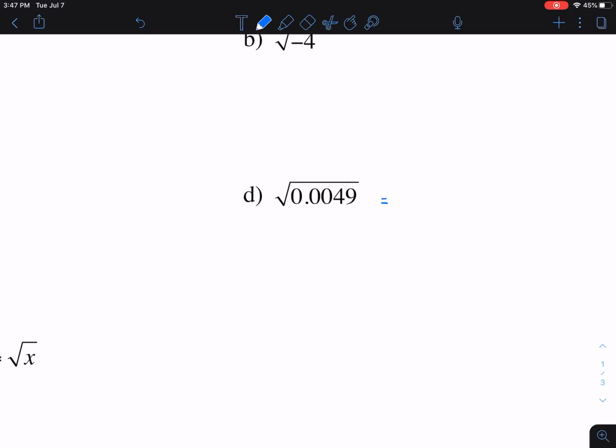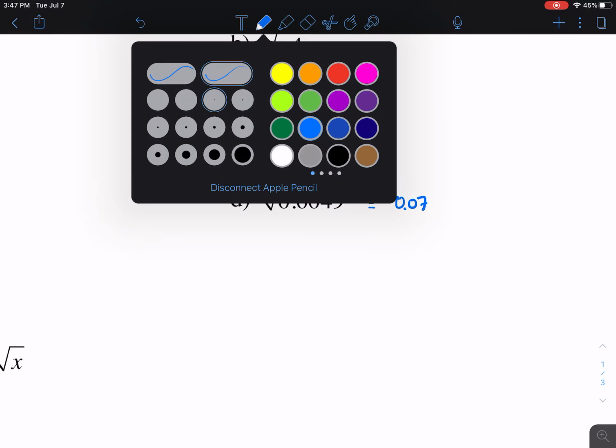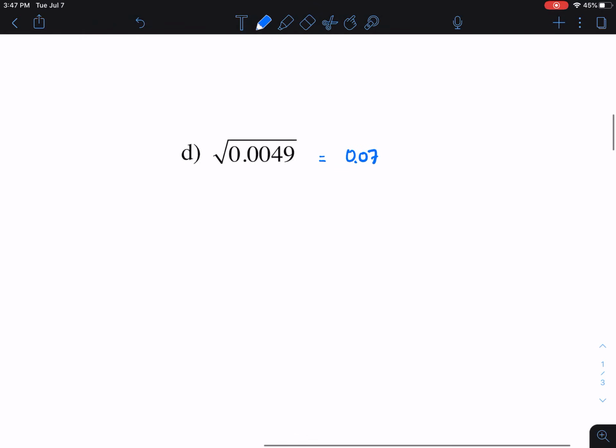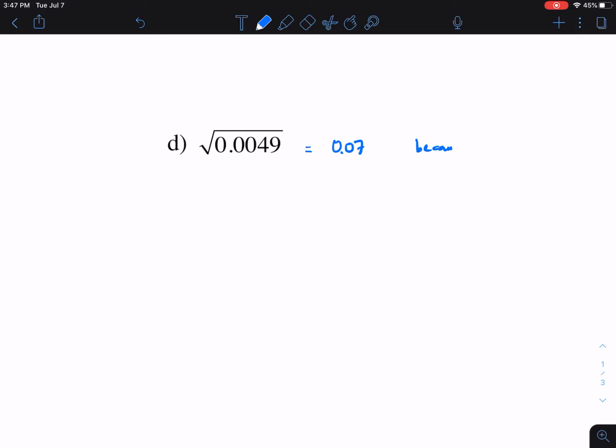We know it's going to be in the form of 7, because 7 squared is 49, but in this case it's a decimal, so we can try 0.7. 0.7 times 0.7 is 0.49, so maybe 0.07. 0.07 works, so the answer is 0.07, because when we square that, we get 0.0049.